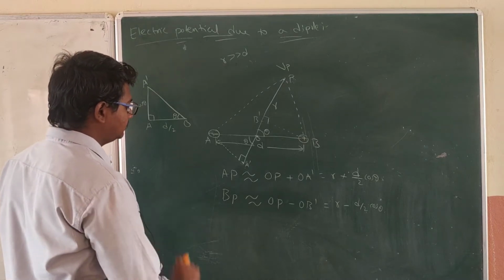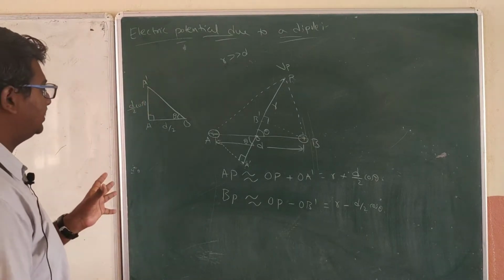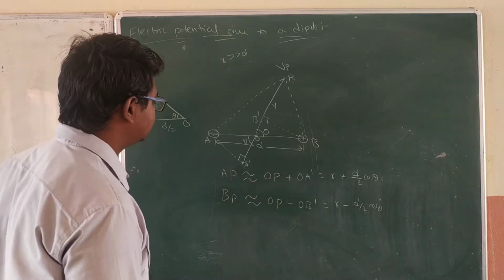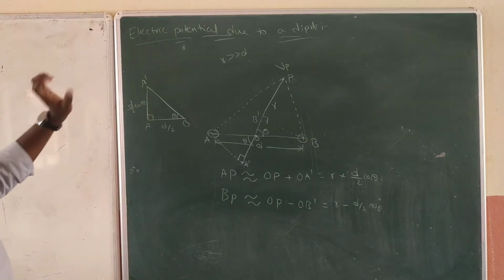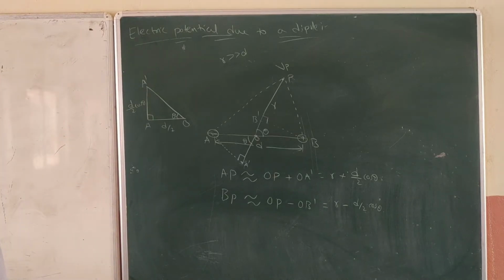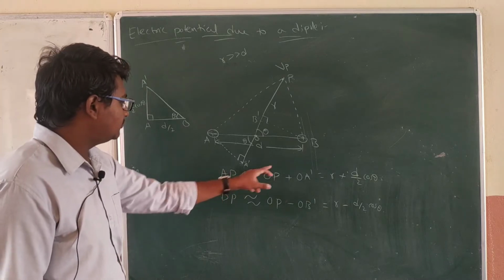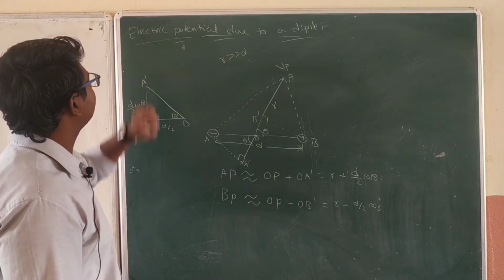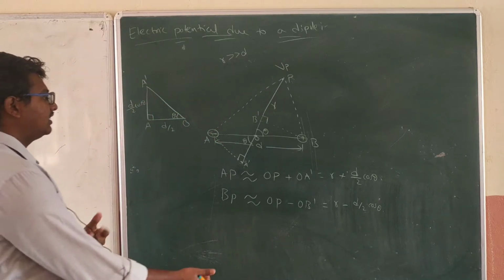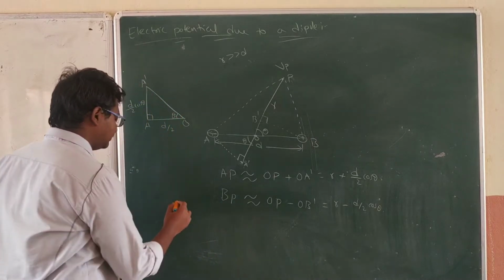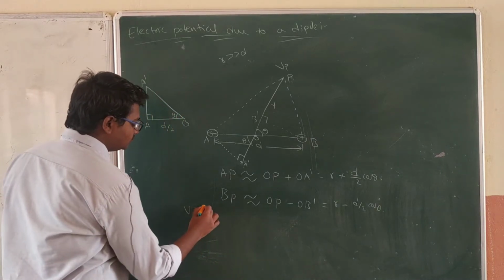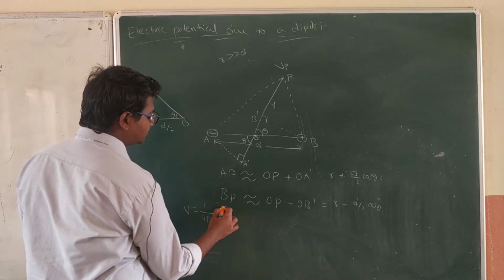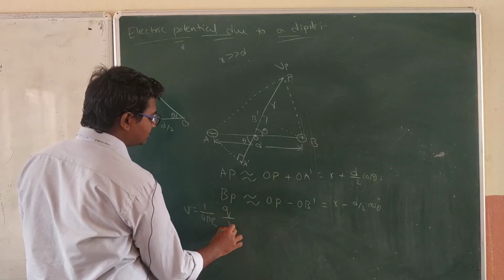That's it. Now what we have to consider here is these two things, and we are going to find the electric potential. From these lengths, the distances we found, we can easily find the electric potential V. We already know V is equal to 1 by 4 pi epsilon naught Q by distance R, right?